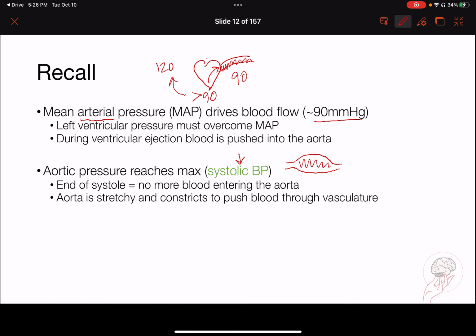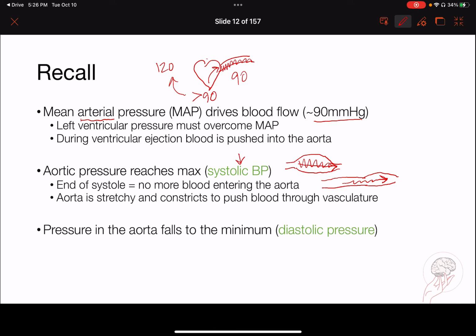And then because it's stretchy, it's actually going to push this blood forward because it's going to start to even back out. So then the blood starts to go through. And then the pressure in the aorta falls to a minimum, the diastolic.